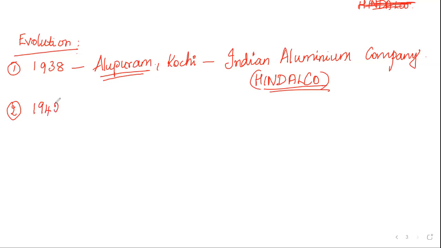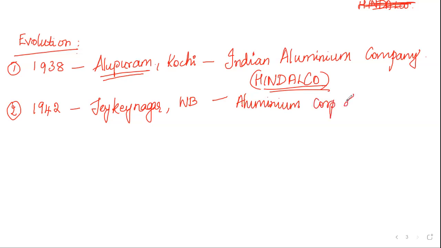The second one was in 1942, JK Nagar, West Bengal. There you had the formation of the Aluminium Corporation of India Limited.